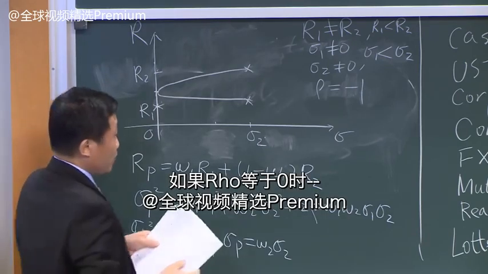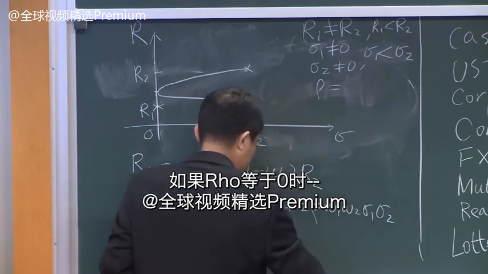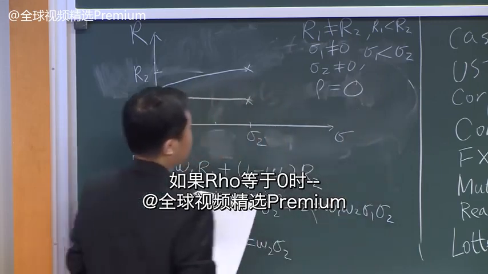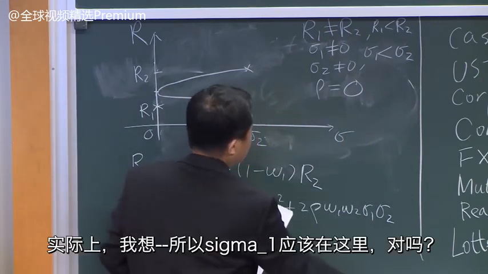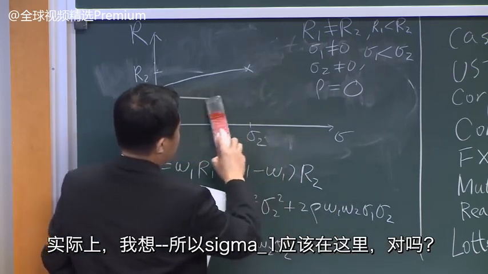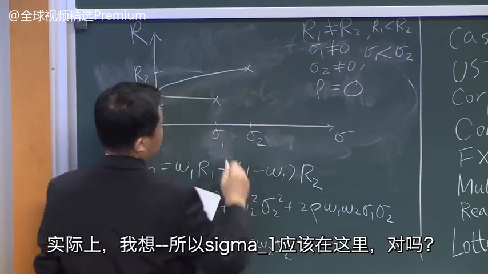And what if rho equal to 0, so sigma 1 should be here, okay?